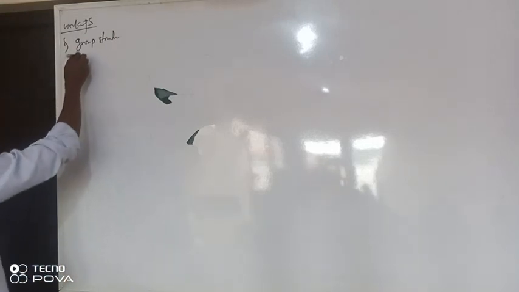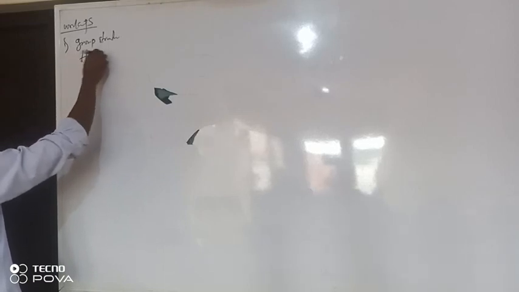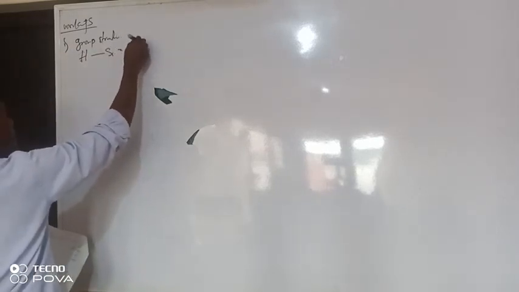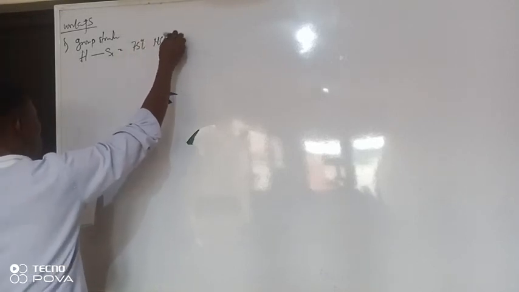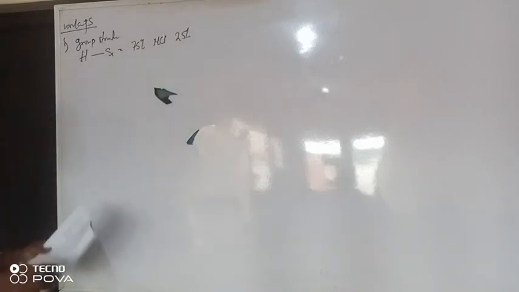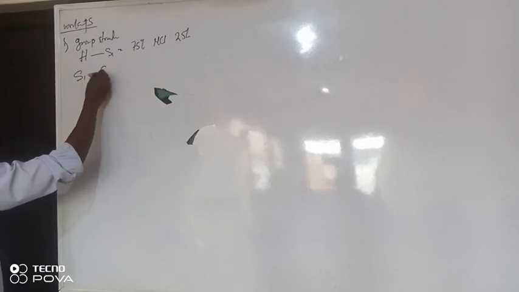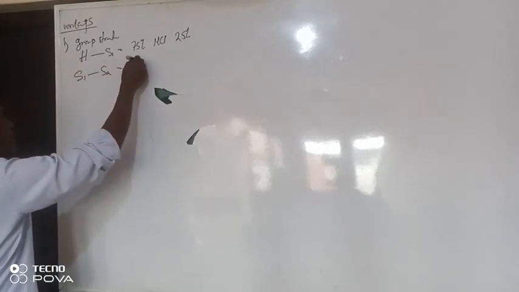Now, remember H in S1 holds 75%, so our NCI is 25%. Then S1 in S2 holds 70%.